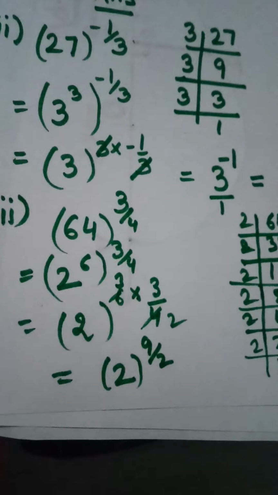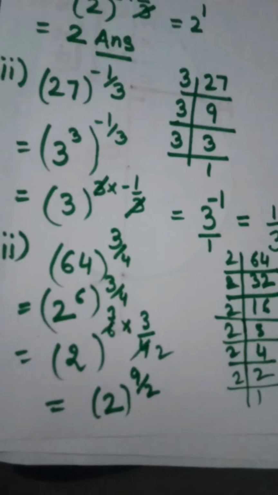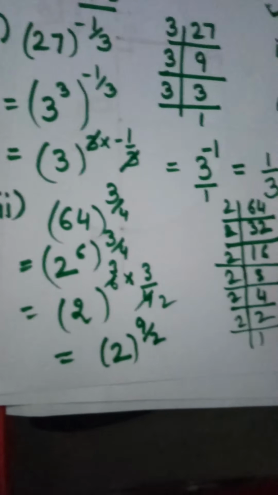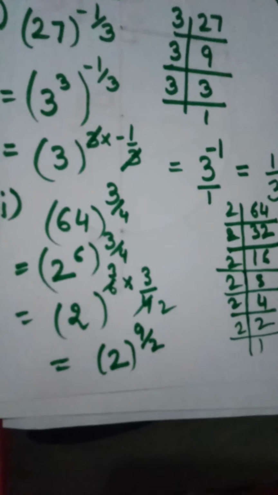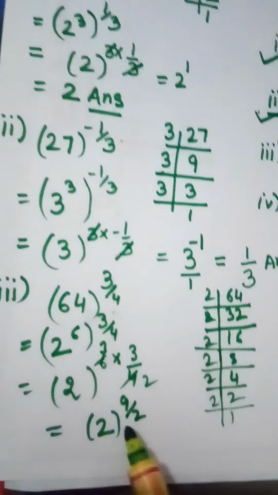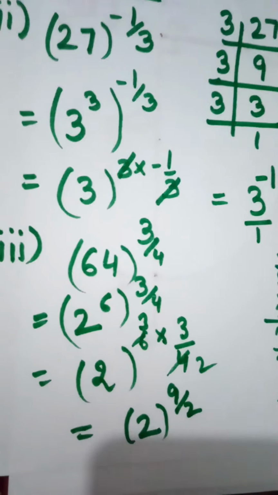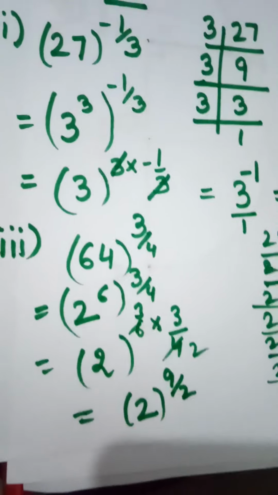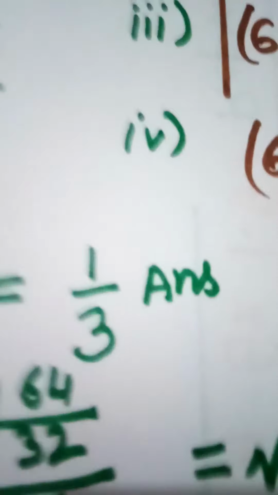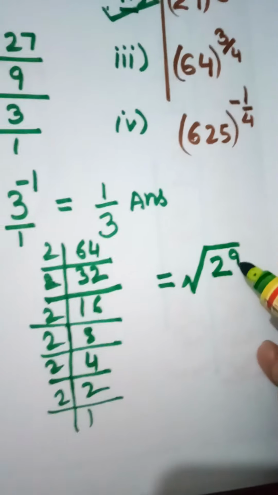Now this is very very important. What answer will you get here? You have got it as 2 raised to power 9 upon 2. Can we easily write it in any other form? Yes, you can write it as, for 1 upon 2 we'll write it like this, and power 9 can be written here. So this is the real representation for 2 raised to power 9 upon 2.